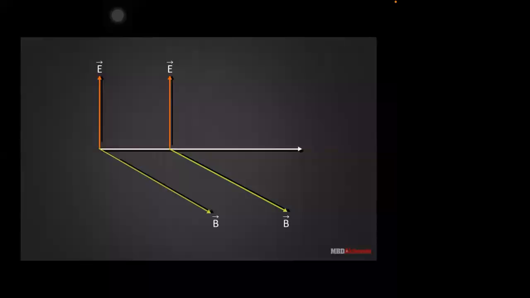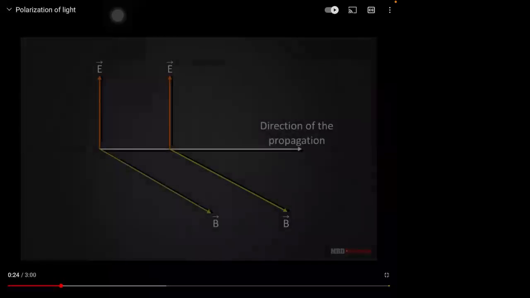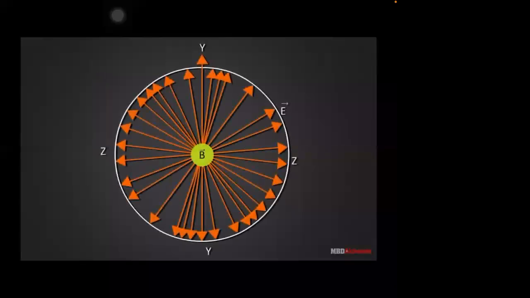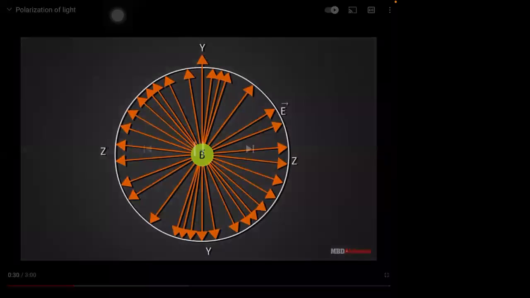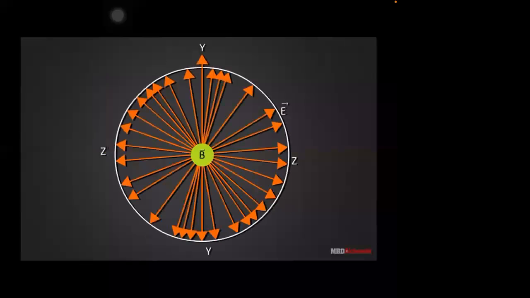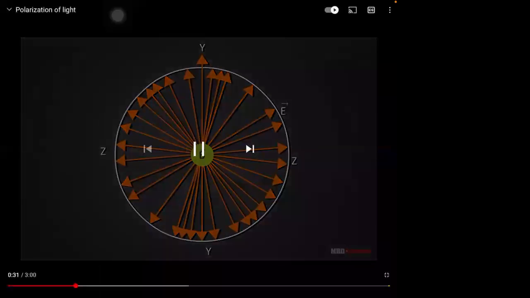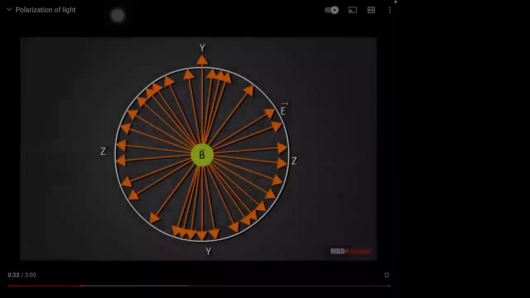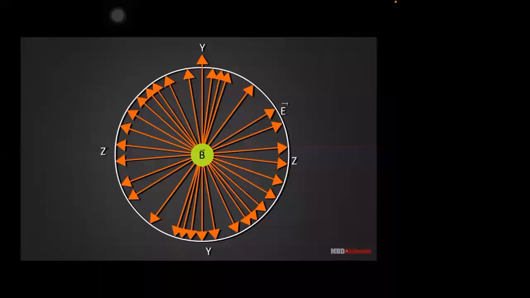Now you're able to see this phenomenon in which, if you represent the light electric vector on a circle with the use of radial vectors, then you can see that the electric field is confined to one direction, and the magnetic field is confined to one particular direction. Vibrations confined to a particular direction in a plane is called polarization.